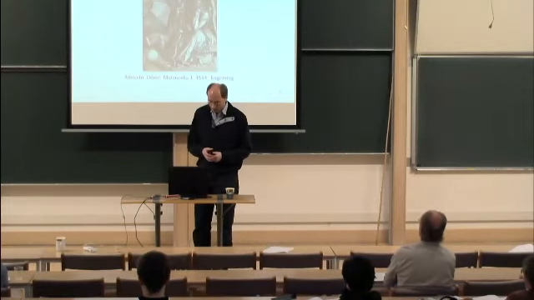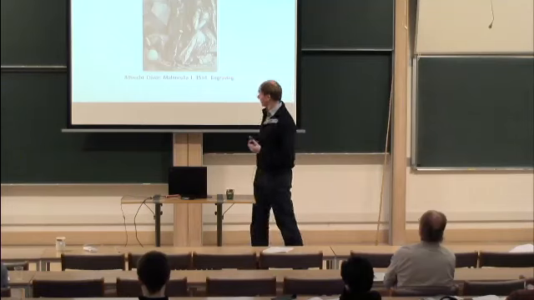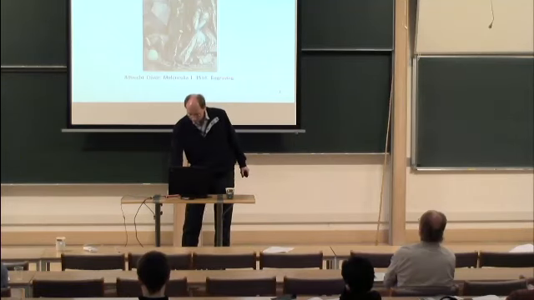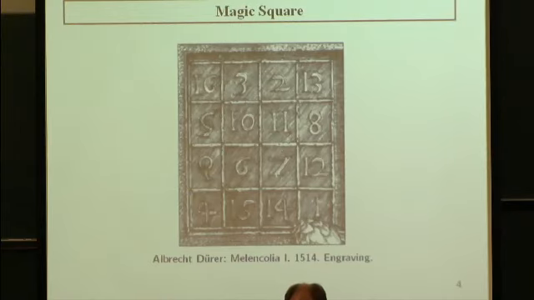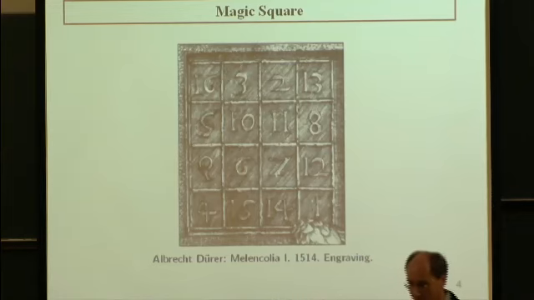Here is one example. You see an engraving of Dürer. It's very famous. In this corner up here, you see a small square. It's called a magic square. If you look closer, you see why.